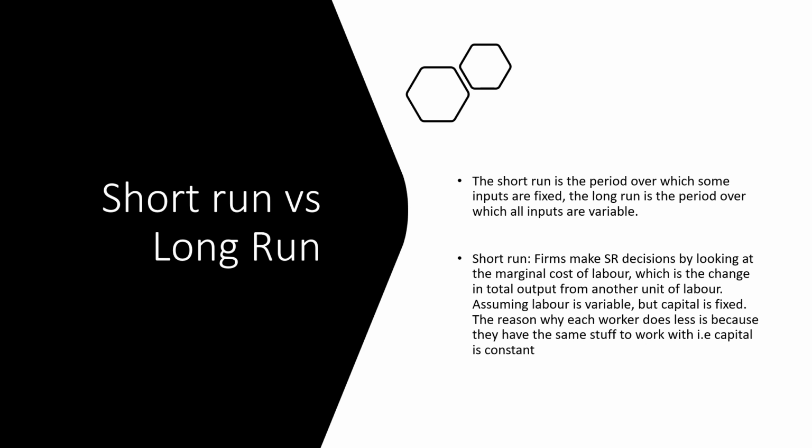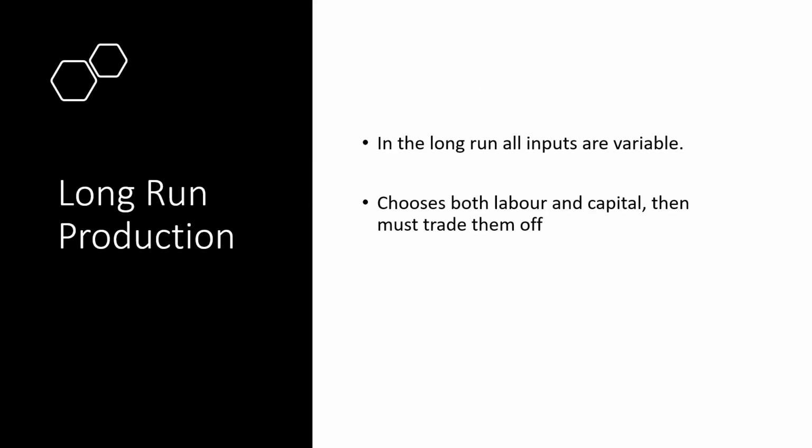So they all have the same sort of machines, the same size of factory, and at some point 10 people working on the same machine just becomes really inefficient. In the long run, all inputs are variable, and then it's a trade-off between labor and capital.